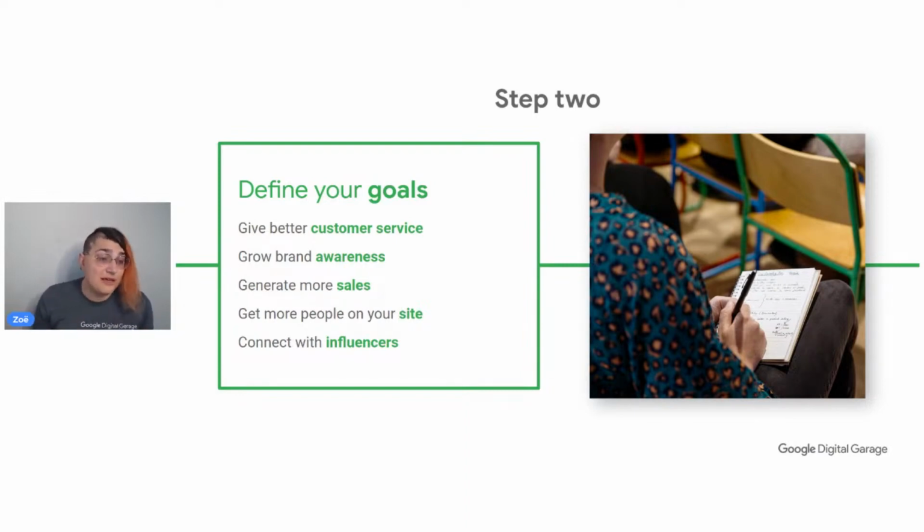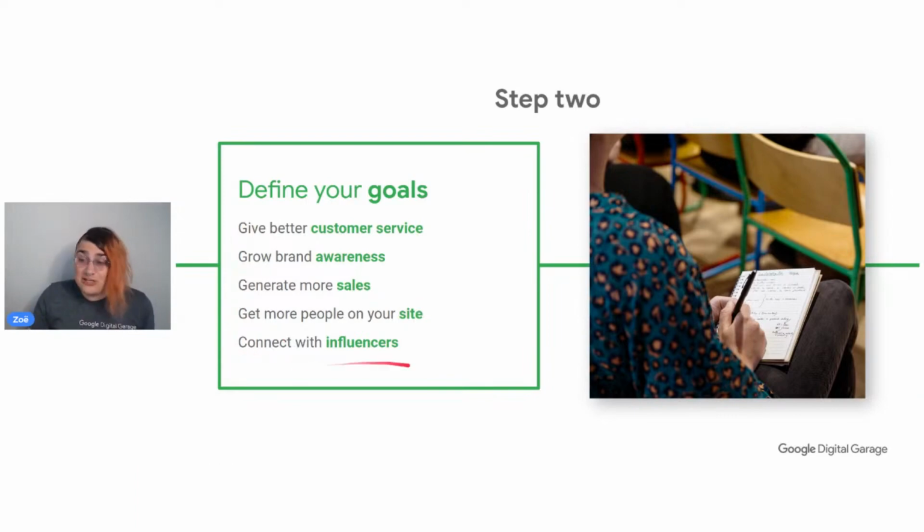Maybe when people do learn that you exist, they make that purchase. Maybe you've got loads of attention on social media, but people aren't going onto your website. Well, then we need to think of a way that we can get that to happen. Maybe we've got people who know you exist and who follow you, but they don't really engage with your content. Well, maybe that's something that we can fix. We can produce more engaging content.